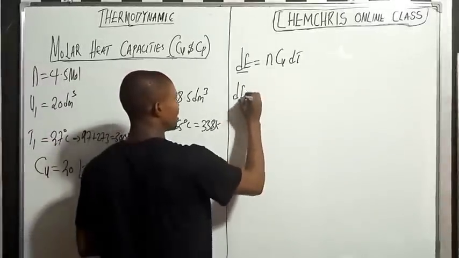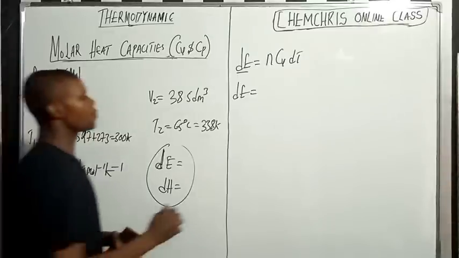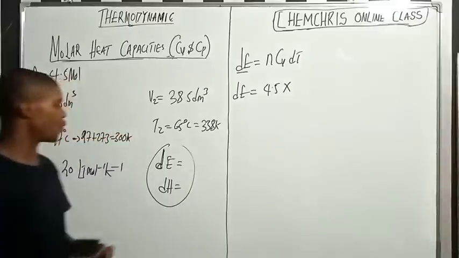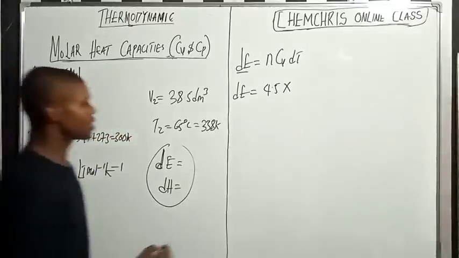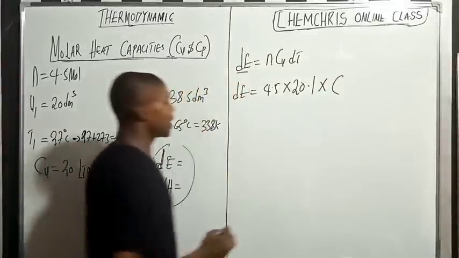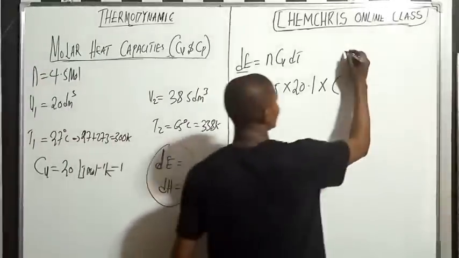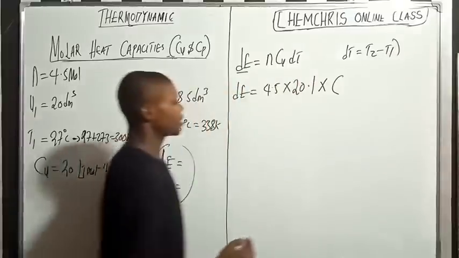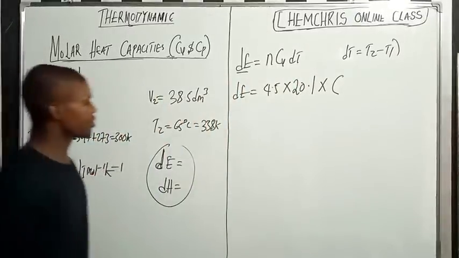Here we have change in E equals n, which is 4.5, times CV, the heat capacity at constant volume, which is 20.1, times my temperature change, which is T2 minus T1. So when I see change in temperature, dT equals T2 minus T1. So now my T2 is what?